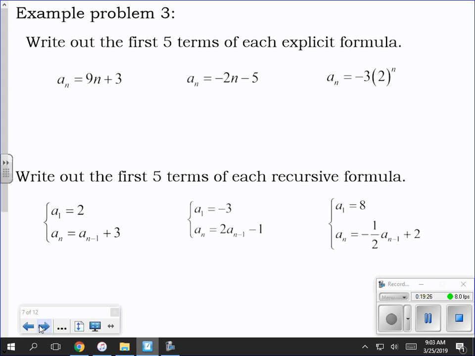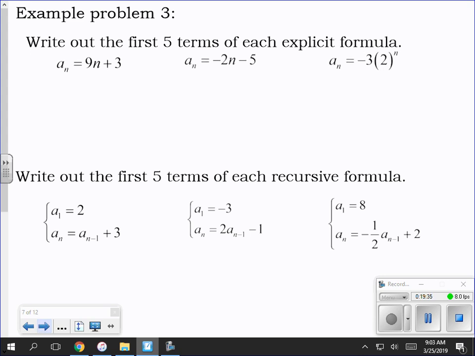Write out the first 5 terms of each explicit formula. So let's see. Ooh, they will slide up for me. Good. Gives me some room to work. Explicit formulas mean that whatever the nth term is, let's say I want A sub 1. A sub 1 is the first term, right? N is 1.